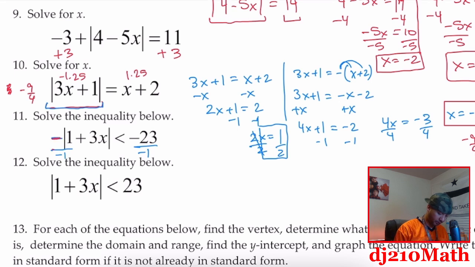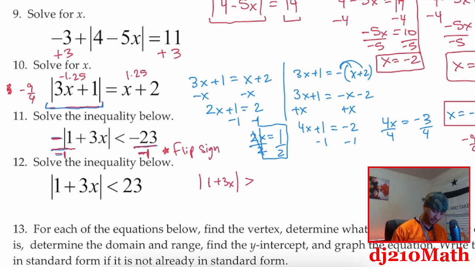I'll switch colors so the math doesn't get blurred. All right, negative 1. So this is going to be the absolute value of 1 plus 3x less than, well, it's not less than because we divided by a negative. So we've got to flip the sign.